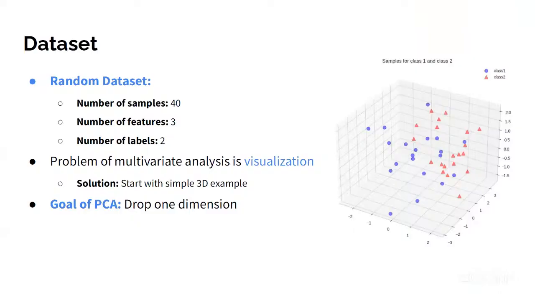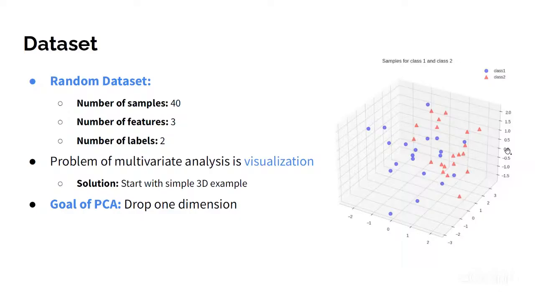You start with some synthetic random data set like this. It has 40 samples, 3 features, and the number of labels is 2, class 1 and class 2. Essentially, if I want to separate, I can draw a plane like this. I can separate these two.